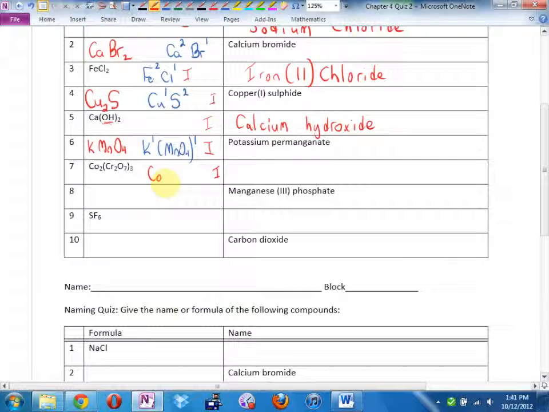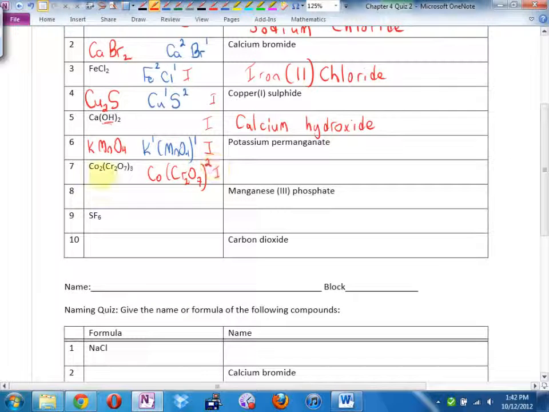Then I have this Cr2O7. How do I know this is a polyatomic ion? It's got brackets. Cr2O7, it's called dichromate, and it's got a 2 negative.